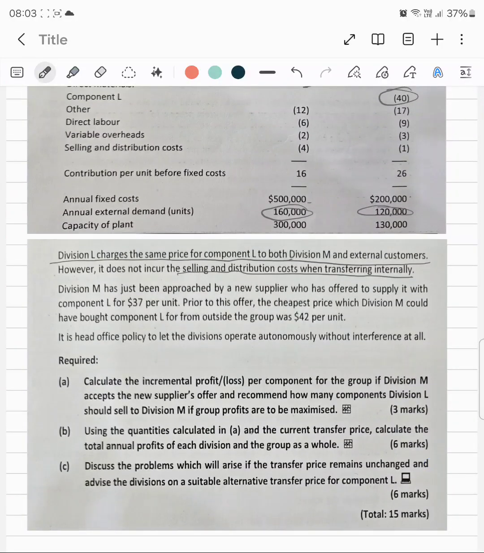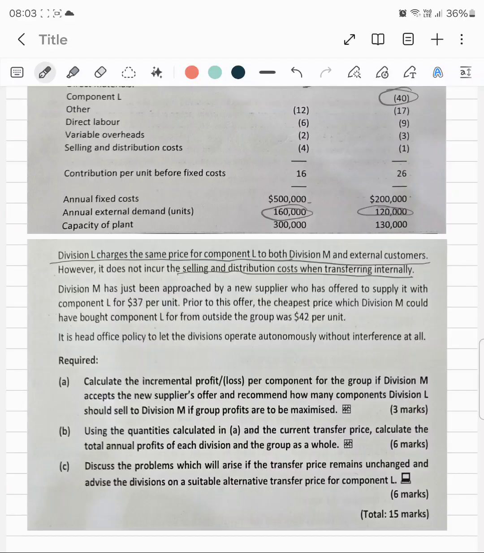Division M has just been approached by a new supplier who has offered to supply it with component L for 37. Prior to this offer, the cheapest price at which Division M could buy component L from outside the group was 42.